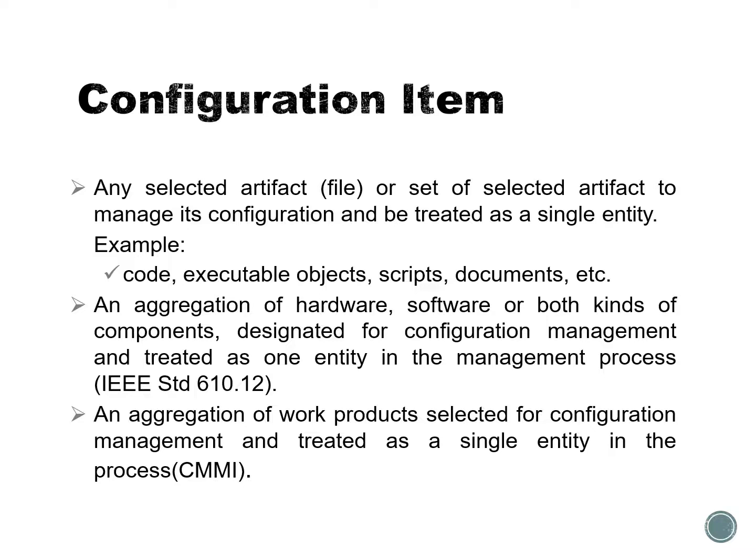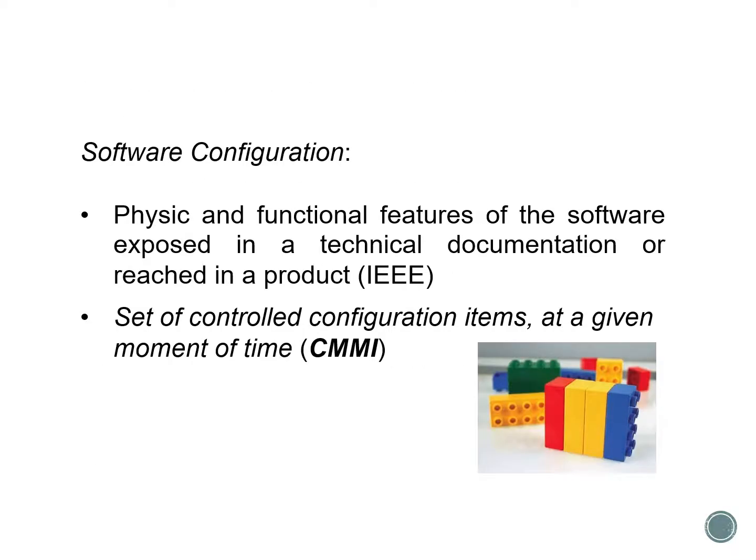This is how it has to be done because, of course, there's a huge wealth of different ways of doing things otherwise. So, like mentioned earlier, the software configuration is the physical and functional features of the software exposed in technical documentation or reached in a product, and a set of controlled configuration items at a given moment of time.